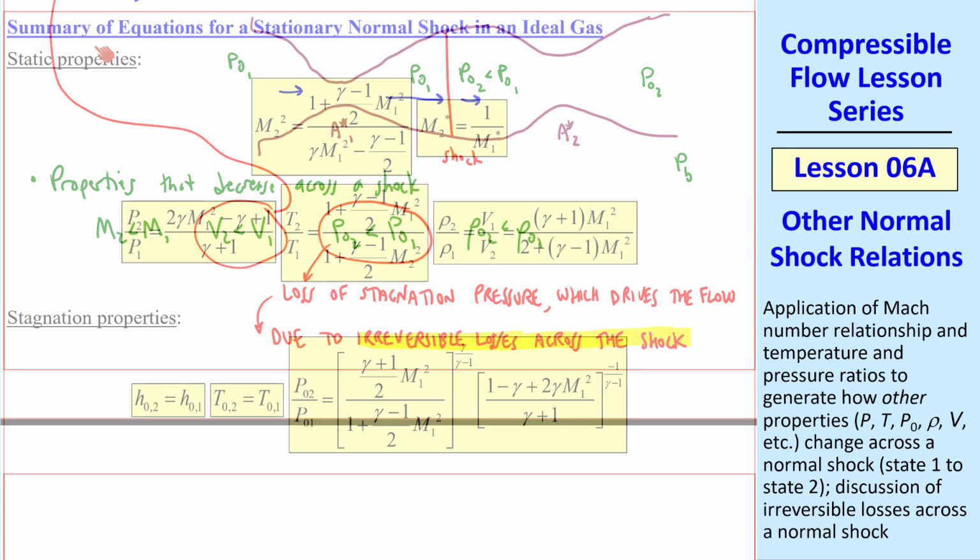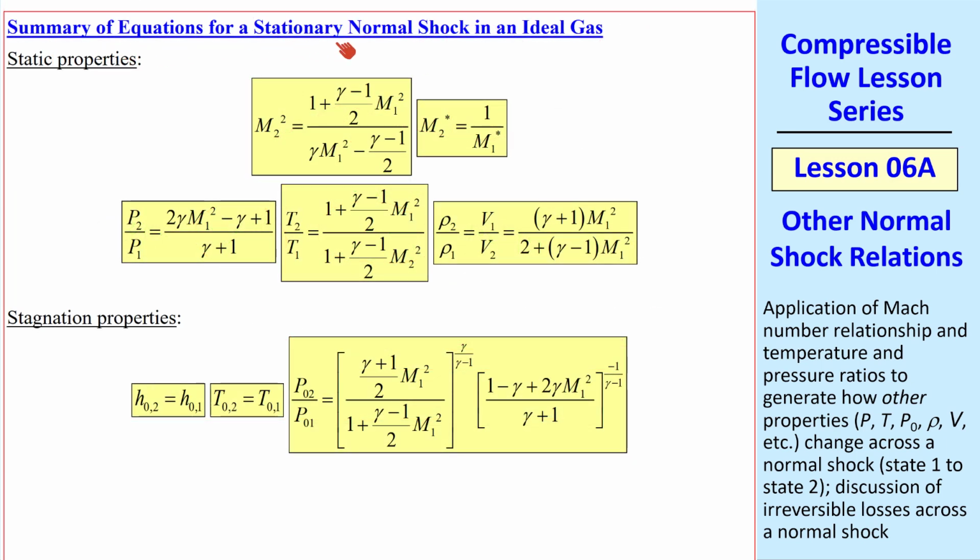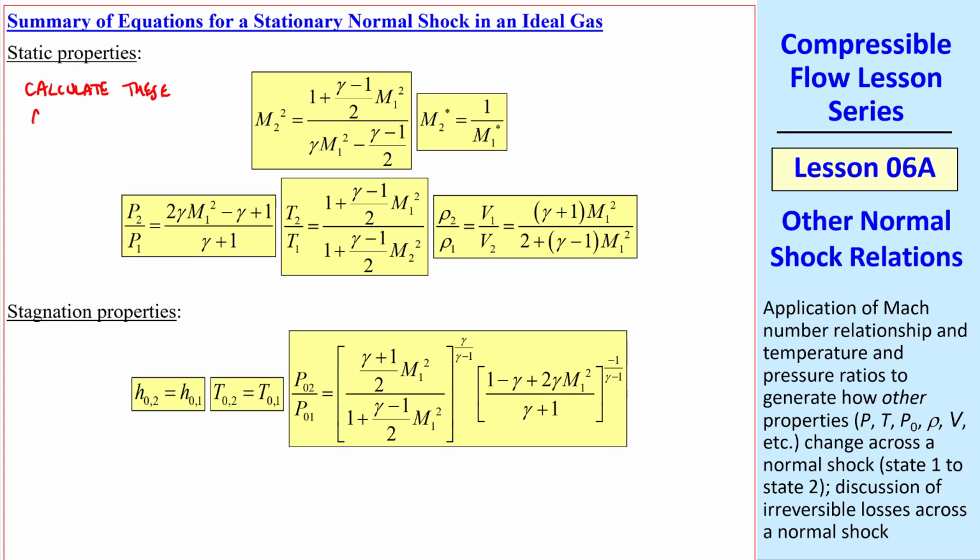Here I summarize all the equations for a stationary normal shock in an ideal gas. These are the static properties: Mach number, characteristic Mach number, static pressure ratio, static temperature ratio, static density ratio, and speed ratio. And these are the stagnation properties, h0, T0, and the ratio of stagnation pressures, p02 over p01, where I've used the equation that is in terms only of gamma and M1. Let's calculate these at our test case of M1 equal 2.60 and gamma equal 1.40.